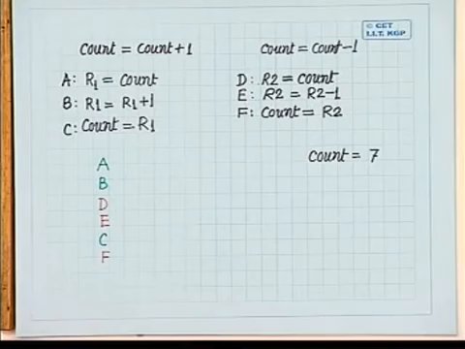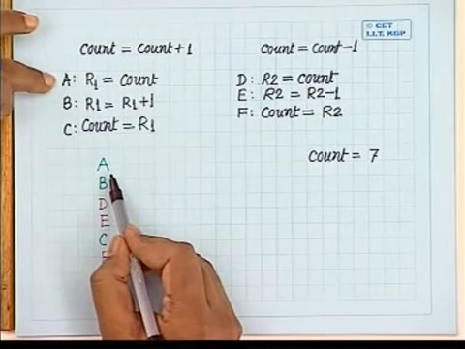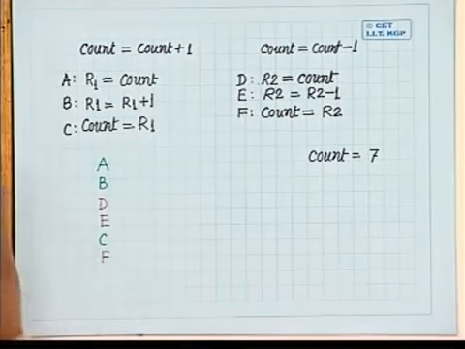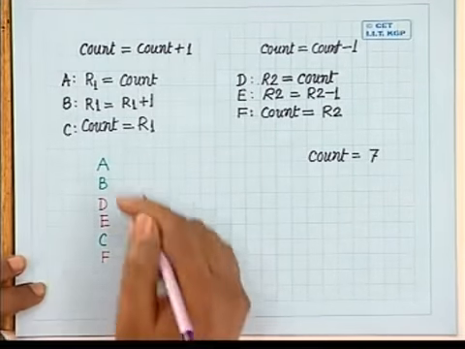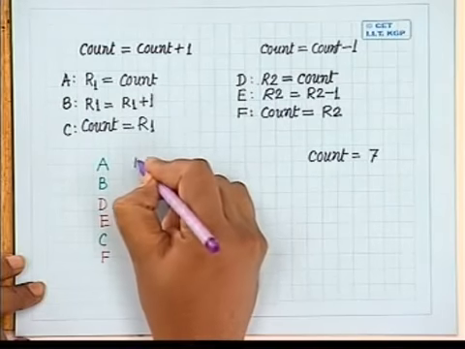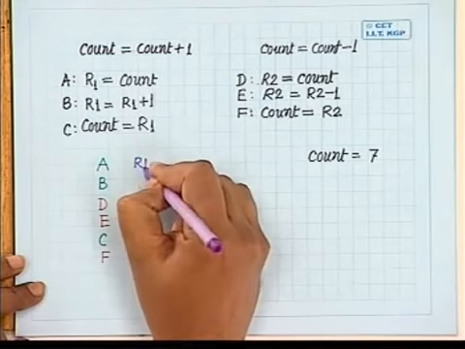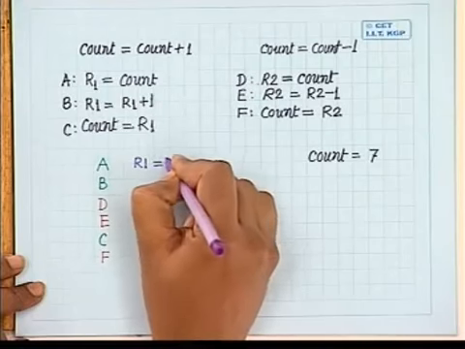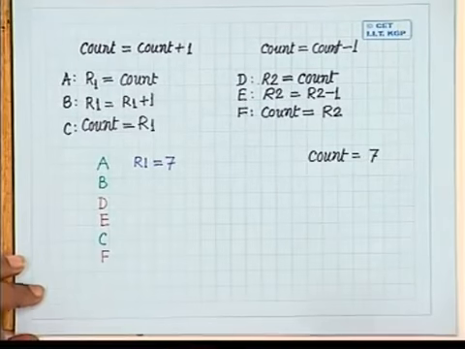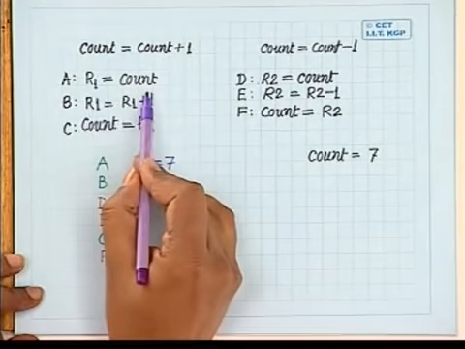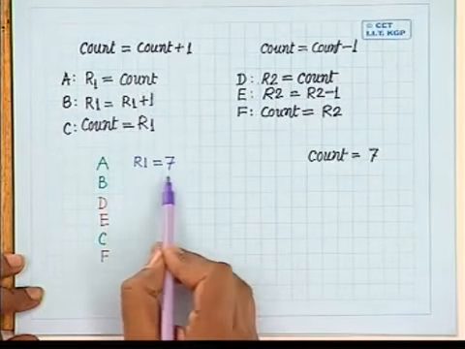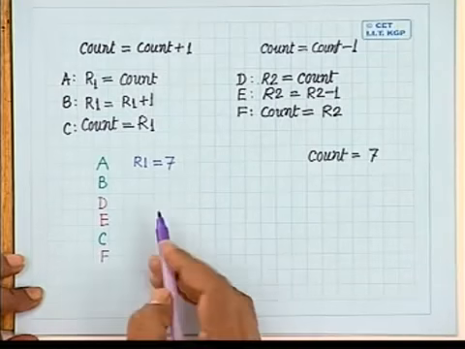First, since statement A is executed, the register R1 will have a value 7 because count is not yet changed. So R1 gets the value of count, and count is equal to 7, so R1 gets the value 7, right?